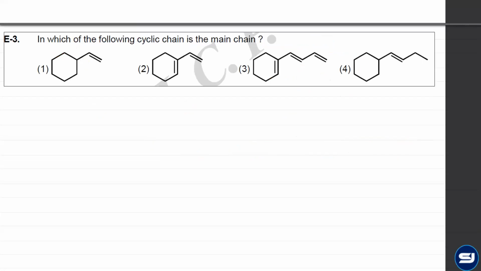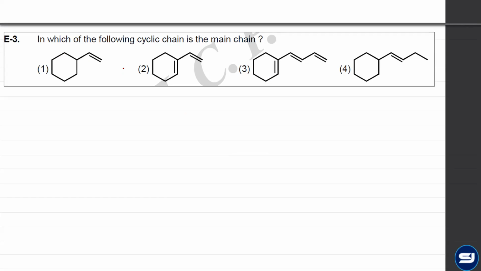Next, in which of the following is the cyclic chain the main chain? Now, if you have a functional group, then you don't look at the number of carbons. You will select the chain which contains the functional group and not the chain which has more carbon atoms. I already told you this rule at the time of alkene and alkyne, right?